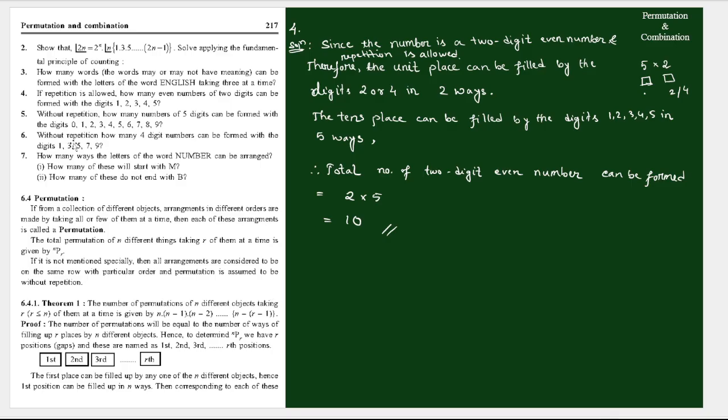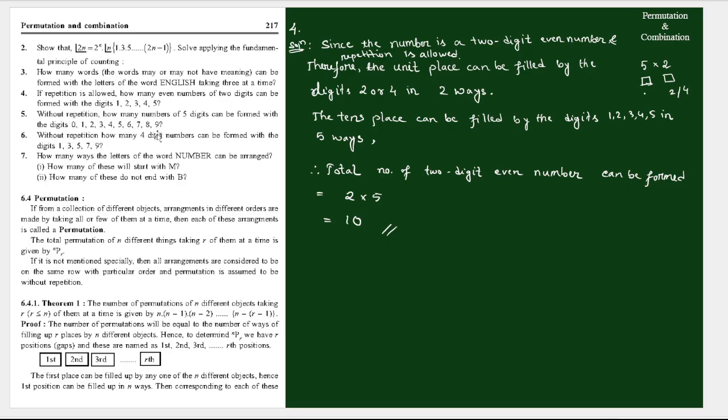Number 5 is without repetition. Without repetition, how many numbers of 5 digits can be formed with the digits? We have to make 5 digits. How many digits are there? 1, 2, 3, 4, 5, 6, 7, 8, 9, 10 digits are there. Out of 10, you have to make 5.